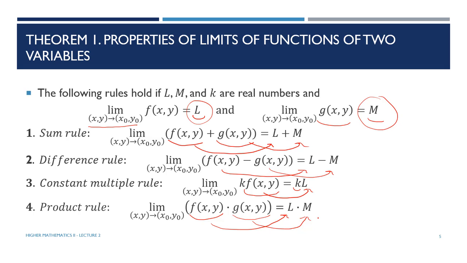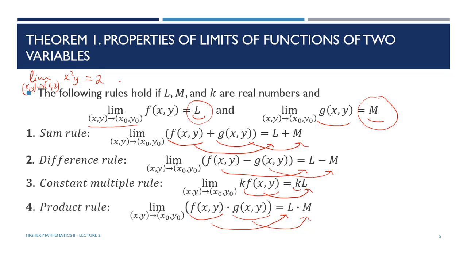For example, if I have a limit as xy tends to 1 and 2, and my function is x squared y, if I plug in 1 here instead of x squared, I will get 1 and 2.